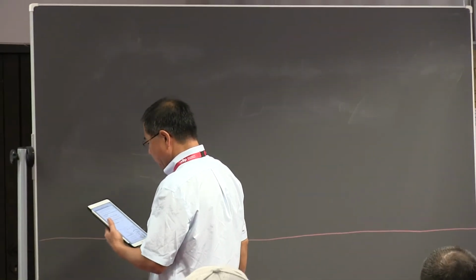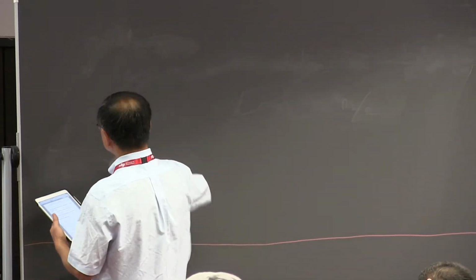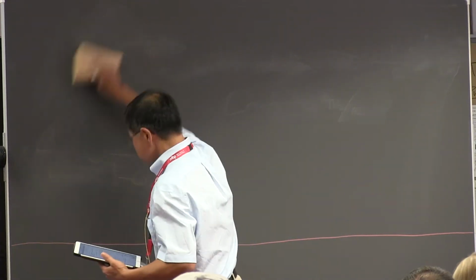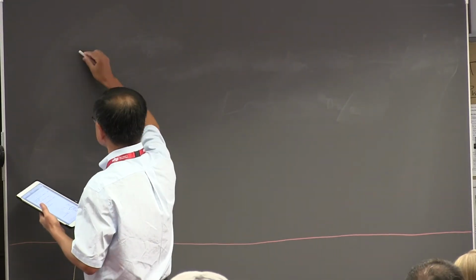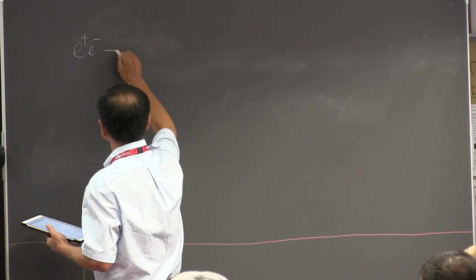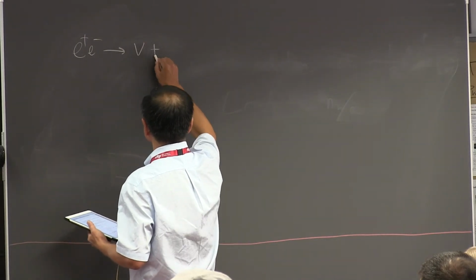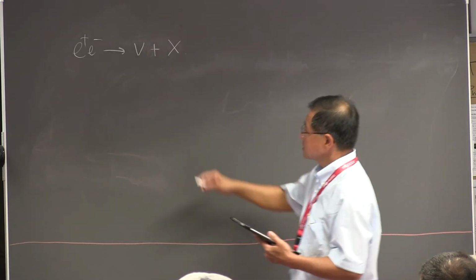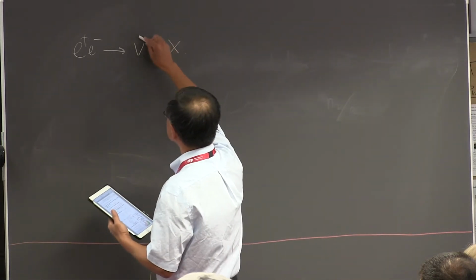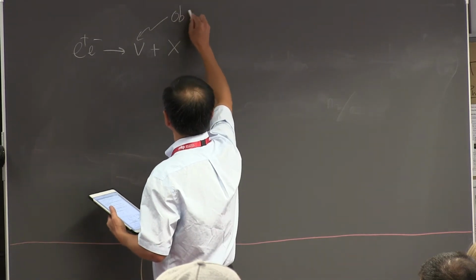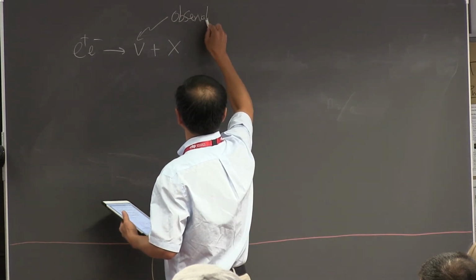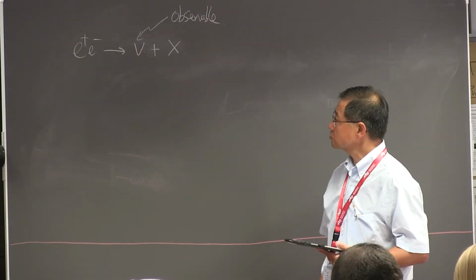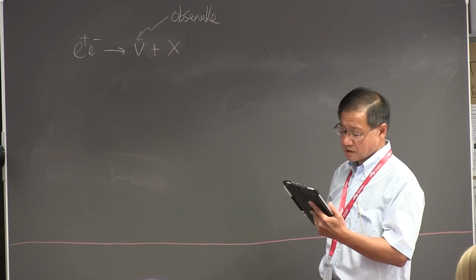Suppose in the e+e- collision, you produce an observable particle, something like a V, plus a bunch of other unobservable particles. Let's say like a Z, I mentioned there already, like mu plus mu minus and so on and so forth, associated with something else.